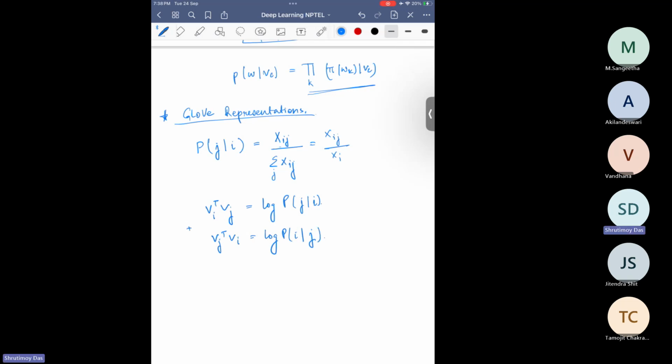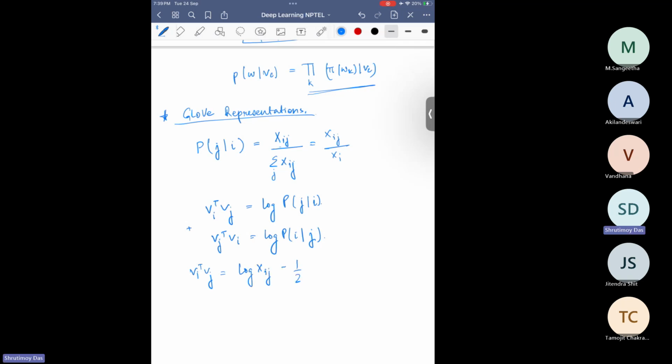So now if we sum this up together, we get something like pi transpose vj is equal to some terms like this.